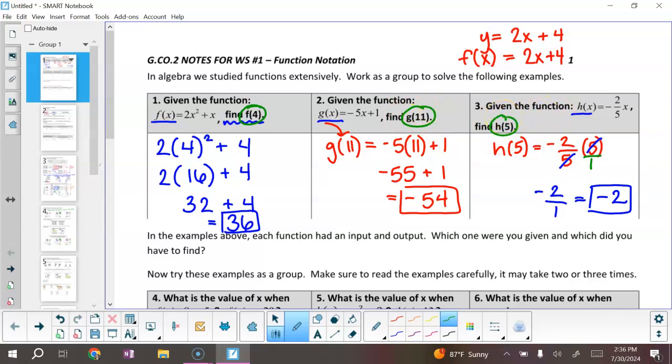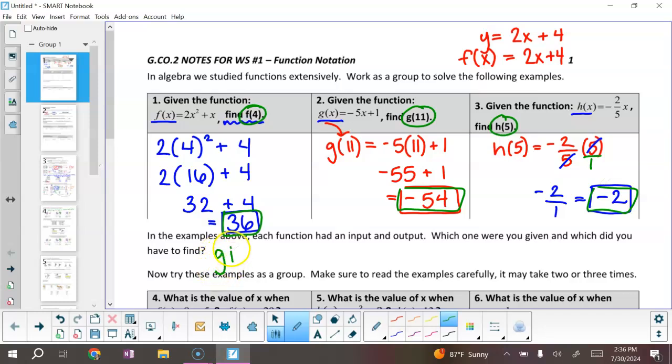So therefore, shouldn't that be the input? It's got the word in it, right? It's a lot of ins to say at one time. Then what you got out, so your answer at the end. So this 36, the negative 54, the negative 2. That's what you got out. So doesn't it make sense that that would be our output? I'm hoping that that makes sense to you guys, okay?